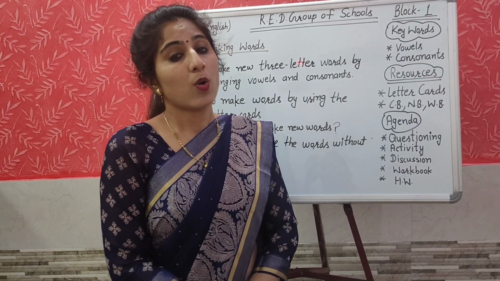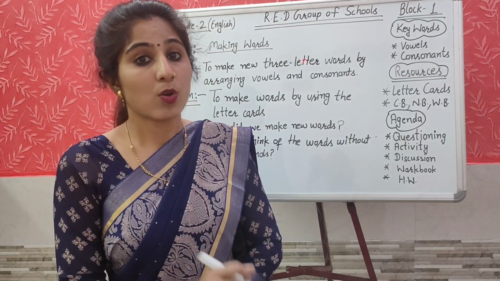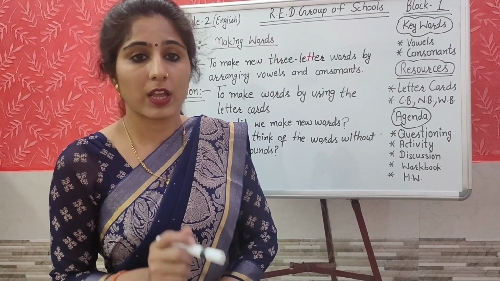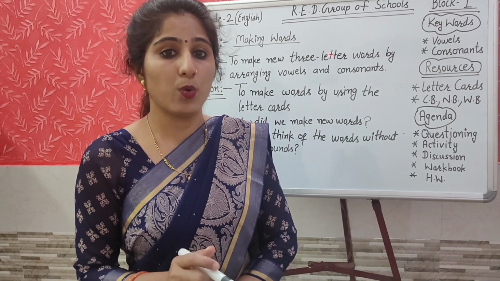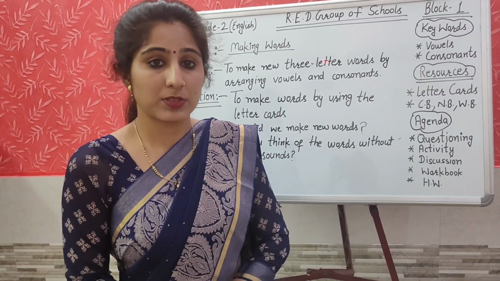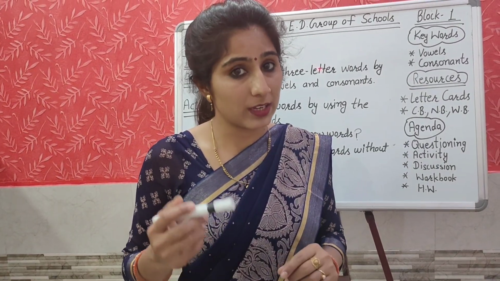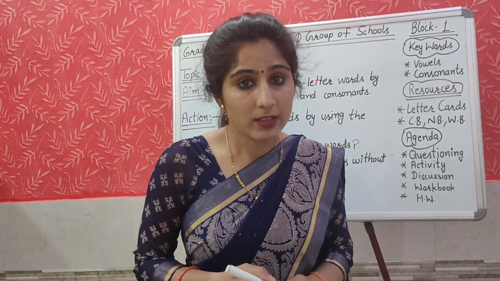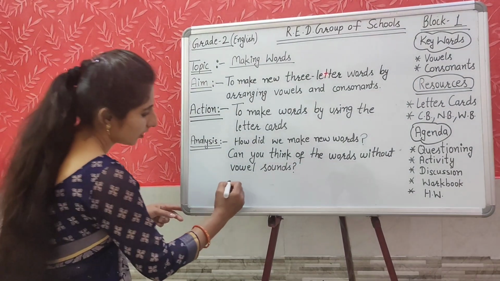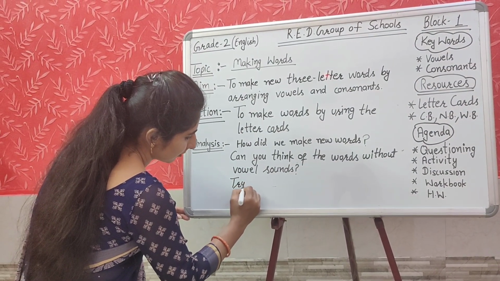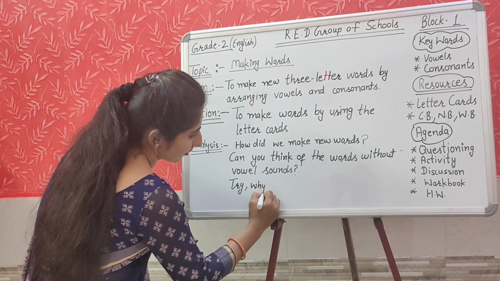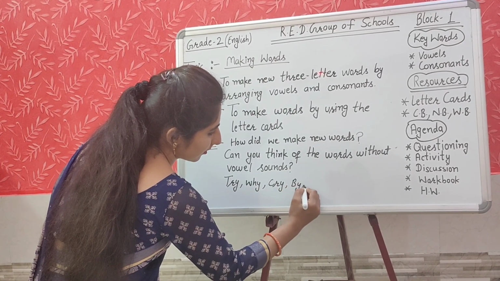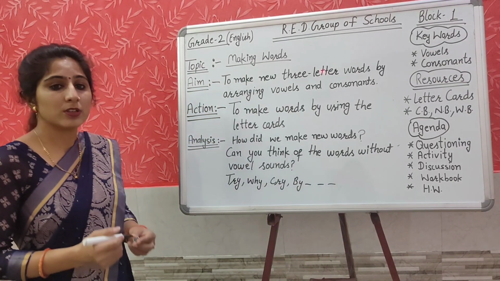Right, yes. All words have vowel sounds, but all words don't have an A, E, I, O, U. Sometimes the letter Y acts like a vowel sound. Yes, for example, in try, cry, buy, and so on.